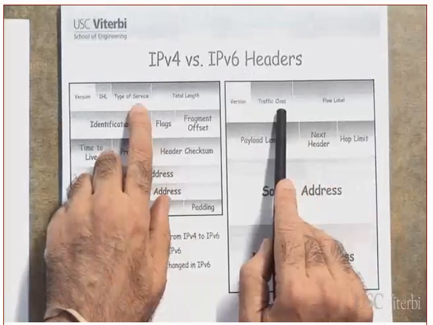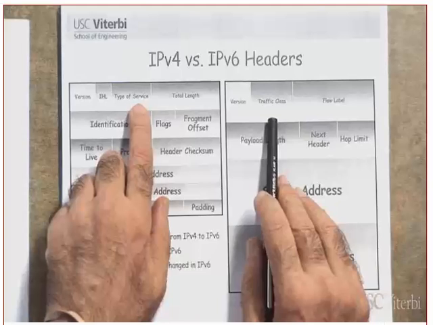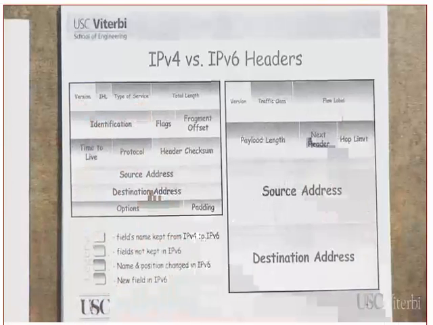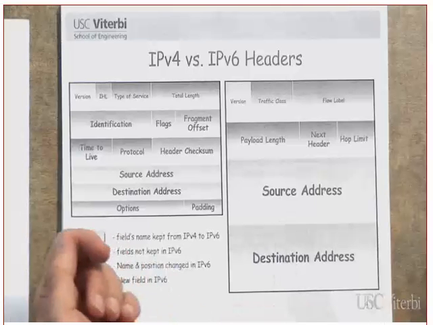The entire second row of the IP version 4 header, which was for fragmentation, is completely removed. If you remember from 450, why do we do fragmentation? Why do we need fragmentation? Because the packet does not fit into what is referred to as the MTU. MTU stands for Maximum Transmission Unit.